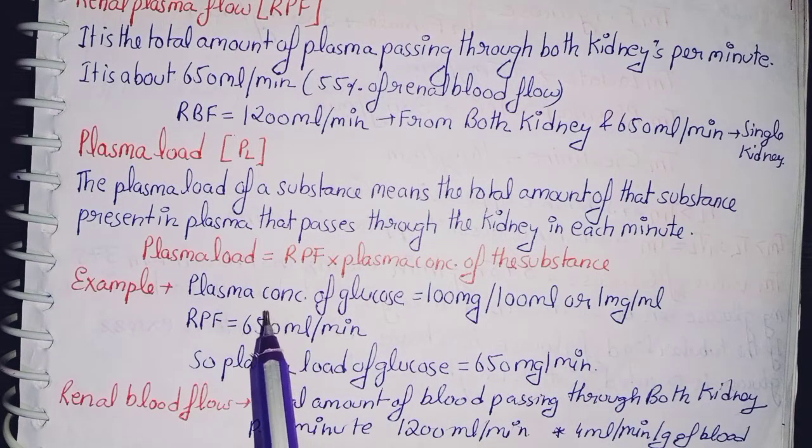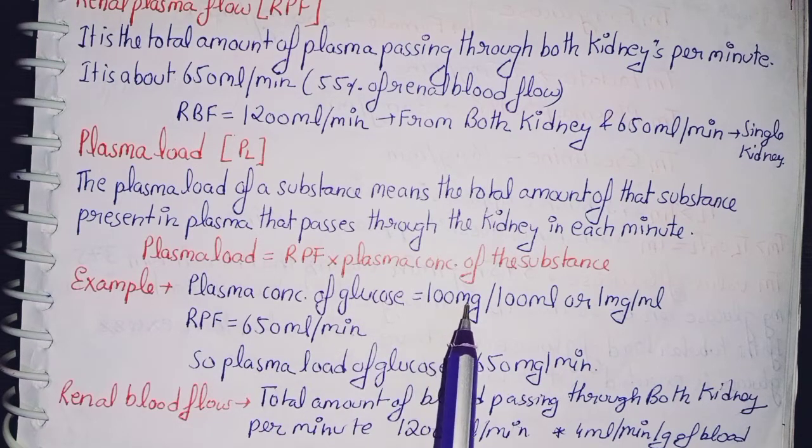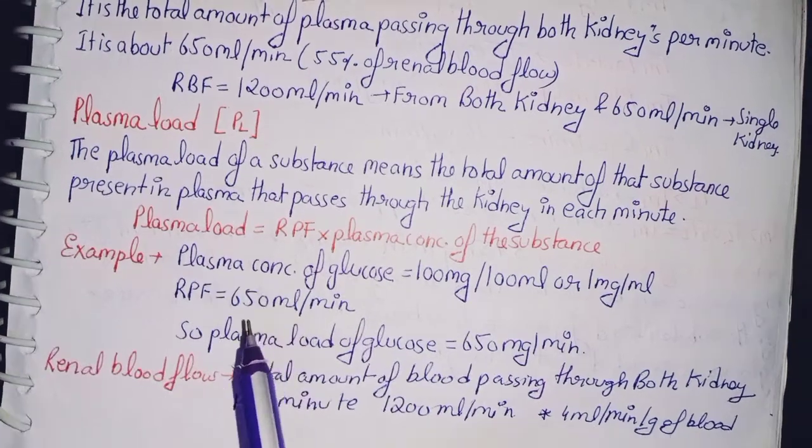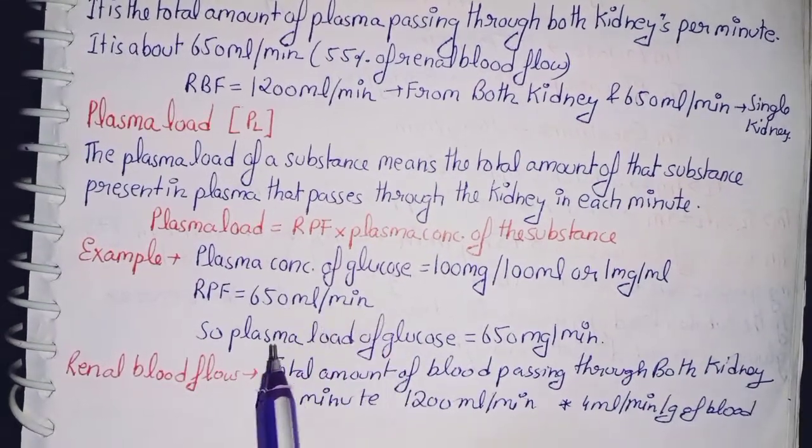For example, the plasma concentration of glucose is 100 mg per 100 ml, or 1 mg per ml. RPF is 650 ml per minute, so the plasma load of glucose will be 650 mg per minute. So what is renal blood flow? The total amount of blood passing through both kidneys per minute is called renal blood flow, and it is 1200 milliliter per minute, that is 4 milliliter per minute per gram of tissue.